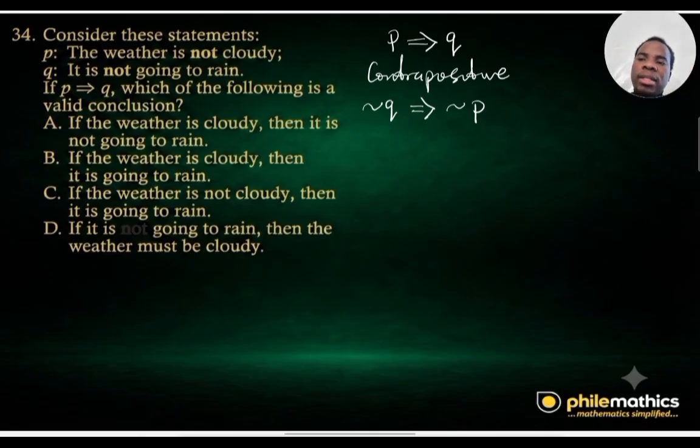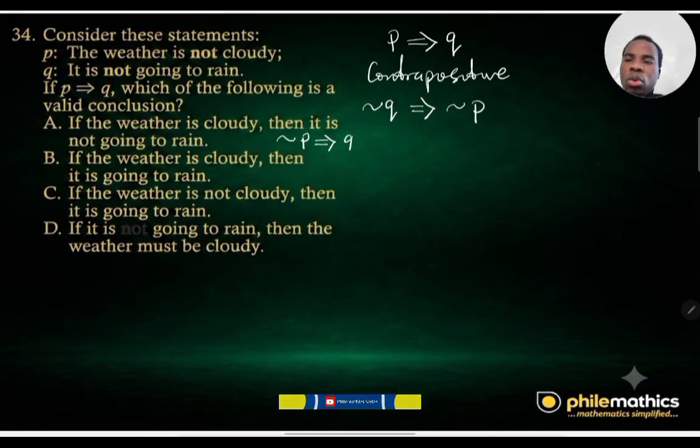Now let's look at the statements that are given to us. If the weather is cloudy, remember the weather is not cloudy is P, so the weather is cloudy will be negation P, then it is not going to rain, then Q. This is not it.